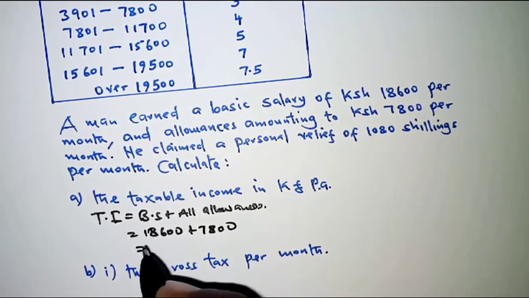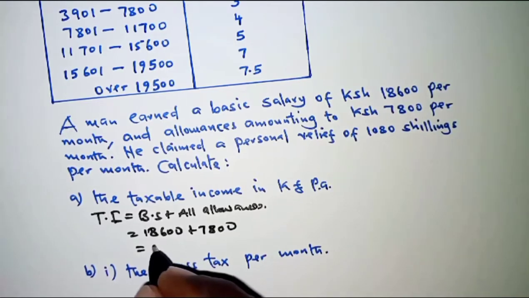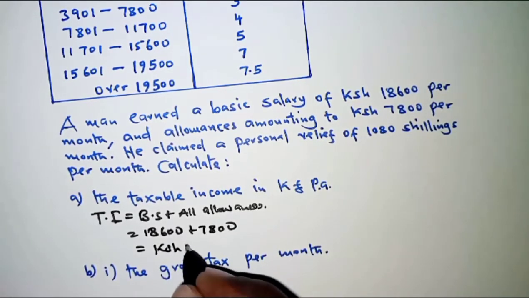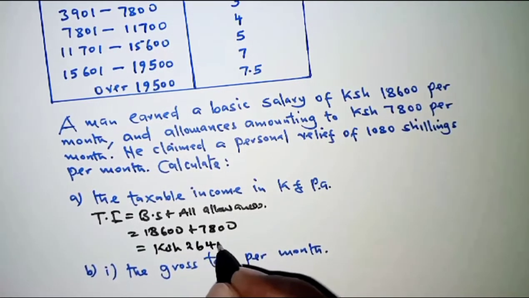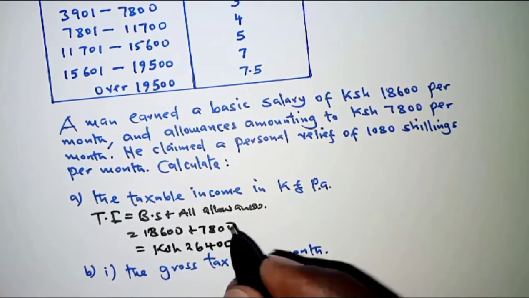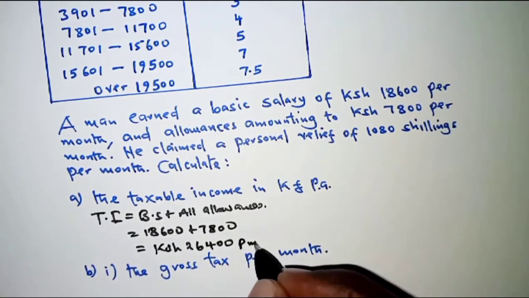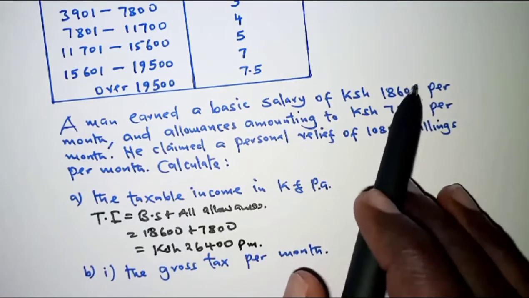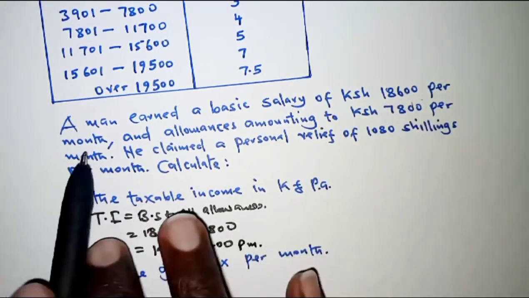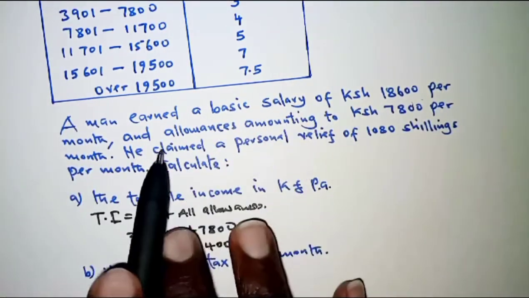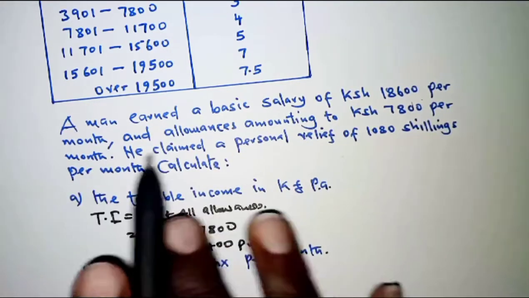So when we add up this, we are going to get 26,400. So this is per month, because whatever we have here are per month for the basic salary, and the allowances also are per month.